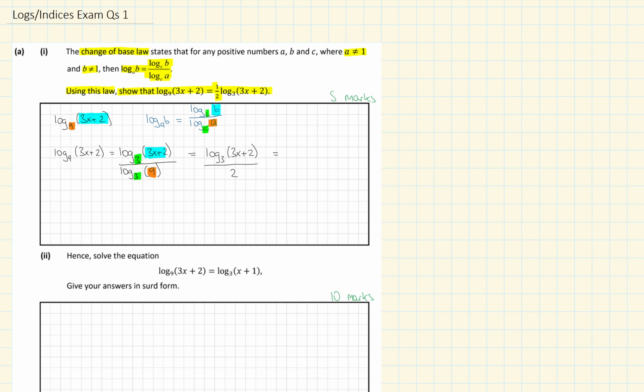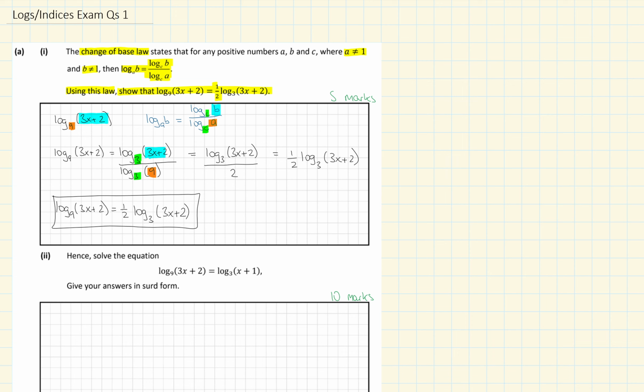All over 2, which we can pull out as a half times log to the base 3 of 3x plus 2. And we just give it back to them at the end. And that's us done for part 1.